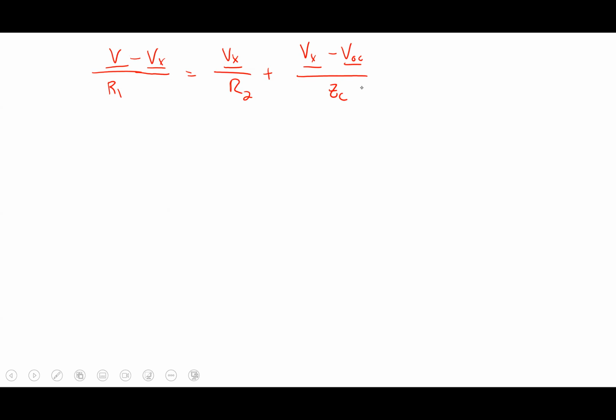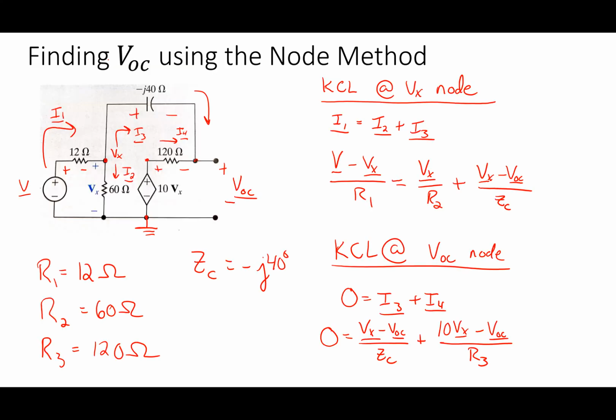Now I'm going to rearrange that to get all the Vx's together and all the VOCs together, since the two unknowns are Vx and VOC. V is a number to me, the voltage source, a known value.